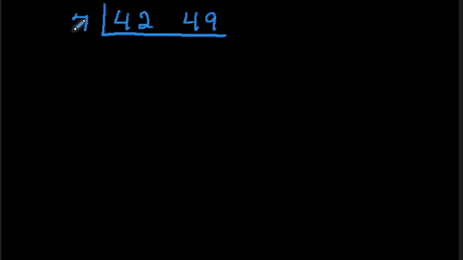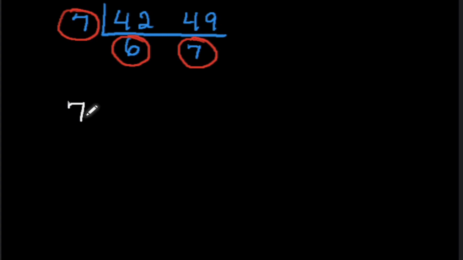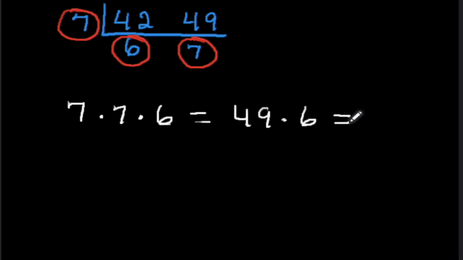Because 42 divided by 7 is 6. 49 divided by 7 is 7. So all you have to do is take all of these numbers right here, multiply them together, and that gives you your LCM. So we have 7 times 7 times 6. So that's 49 times 6 and is equal to 294.